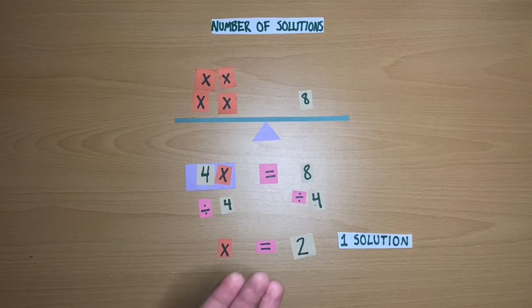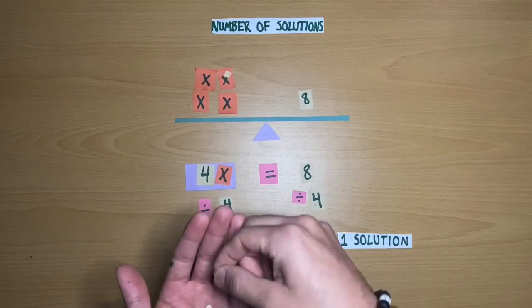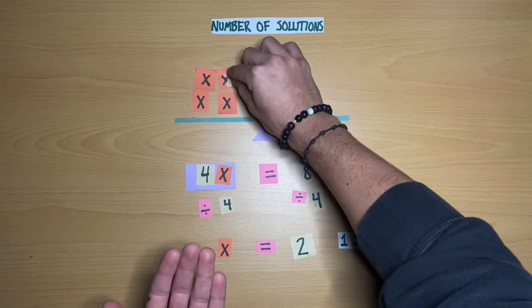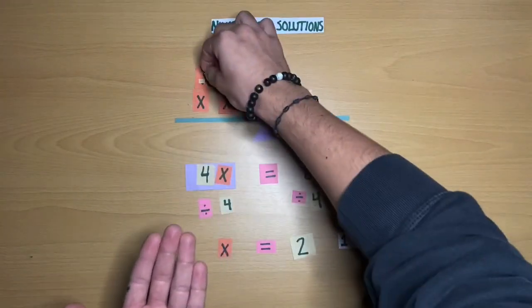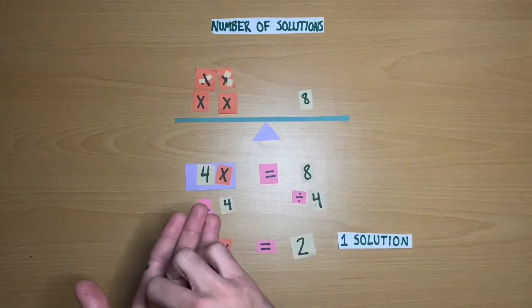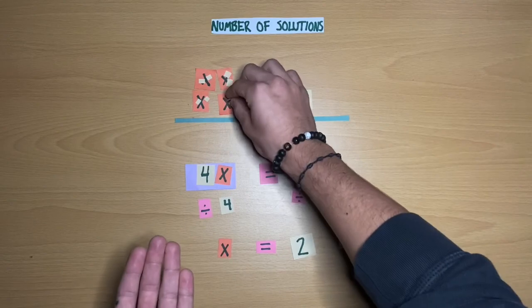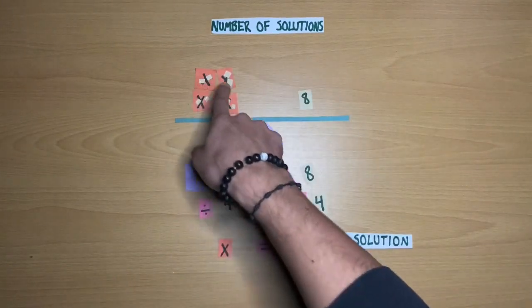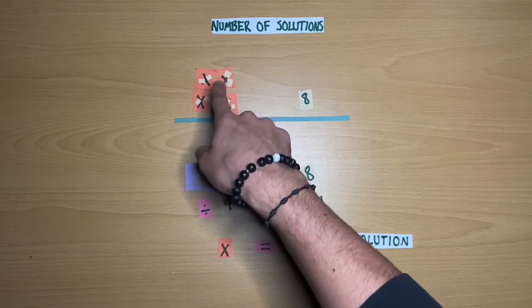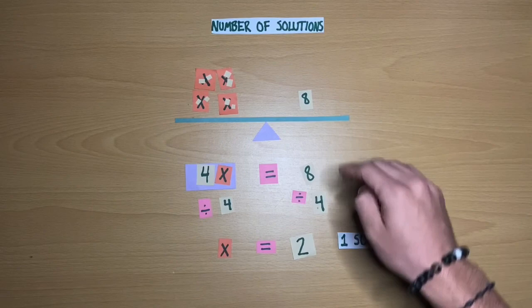And that is because only two little squares can go in each of these x's and keep this scale, this balance, balanced. So here we can see two little squares per box will give us 8 total, which is the same as 8, so this will stay level.